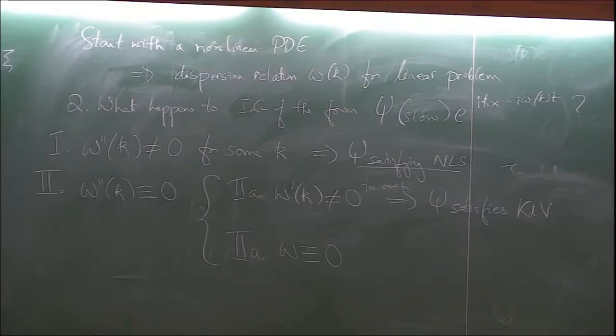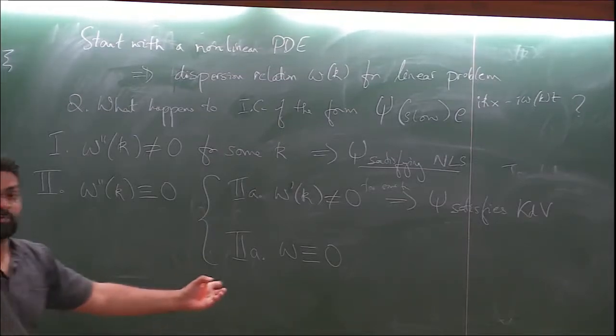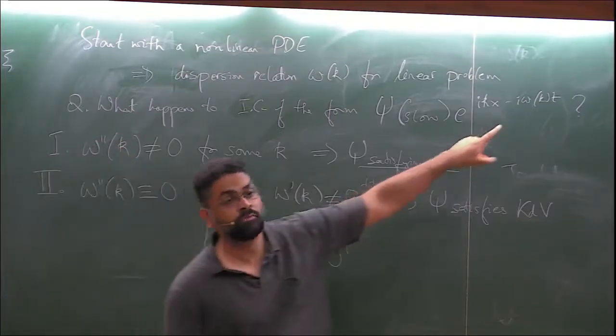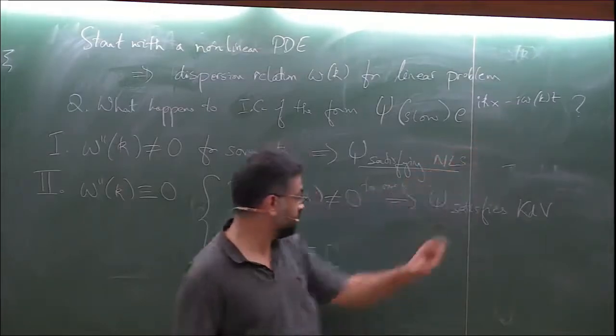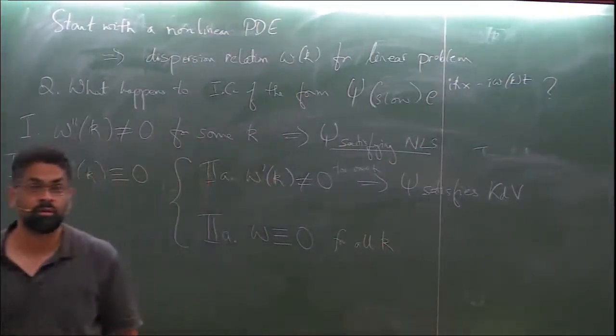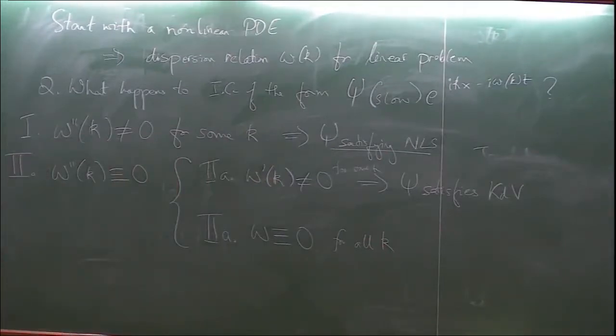Not omega prime, omega is literally zero, which is to say there's a steady state to your problem. This tells you the time dependence of the exponential. So this is true for all k. There are special solutions which are steady, and they don't distinguish the k. They're steady for all k.